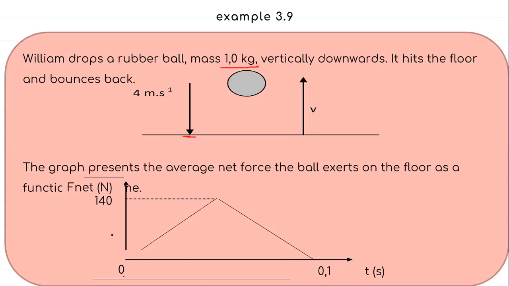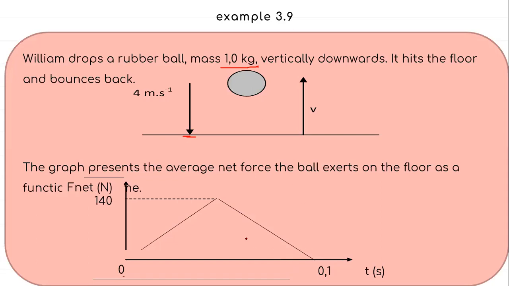So the graph that we've been given here gives us the average net force. We can see the net force measured in newtons, and then the time. Basically, I have a relationship of the net force acting on the object as a function of time.